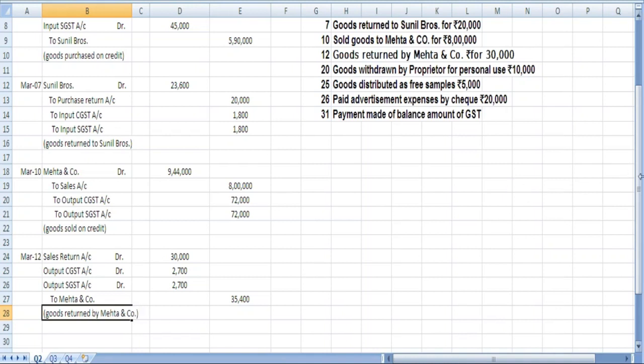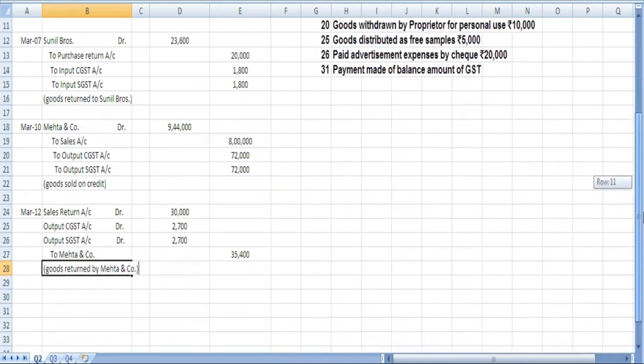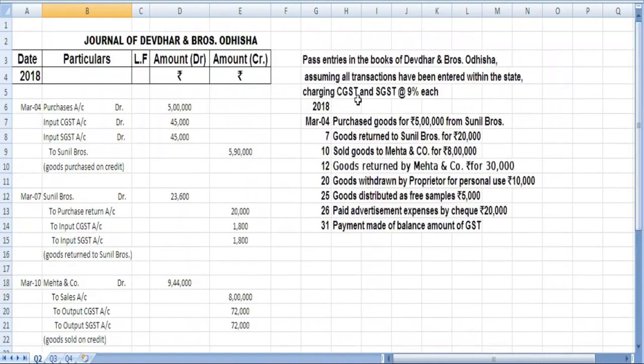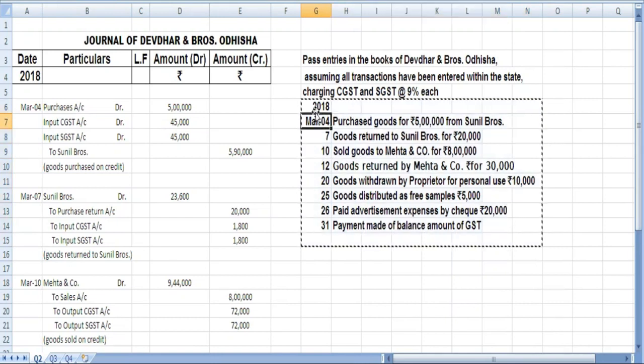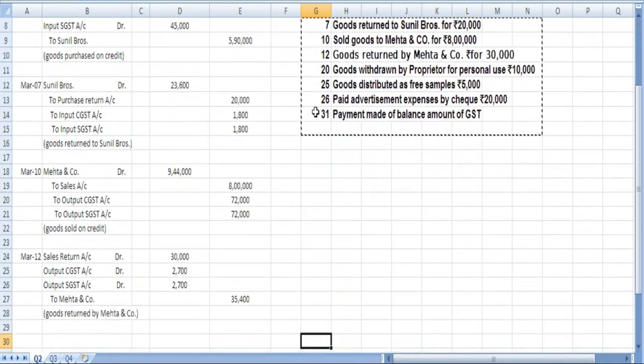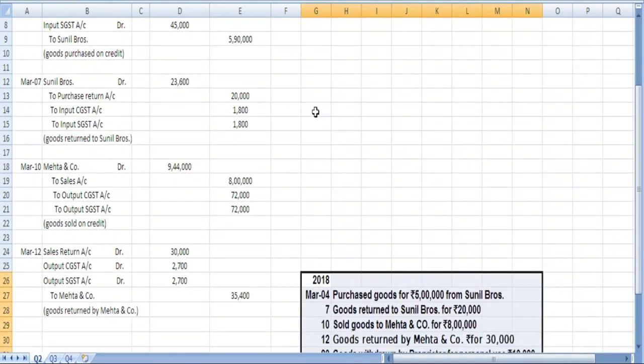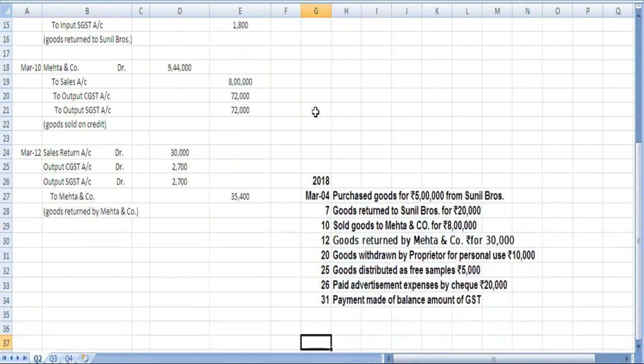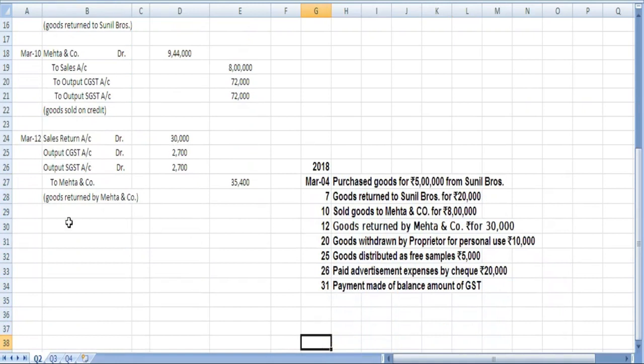Okay, next here we have is, let us bring this question down so that it will be easy for us. So here next we have is March 25, March 20, sorry, March 20.